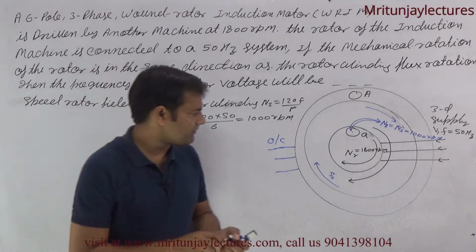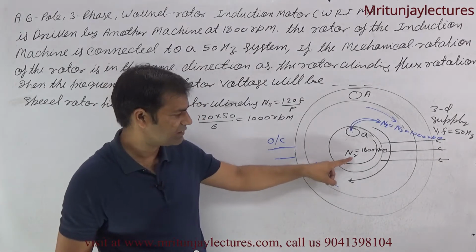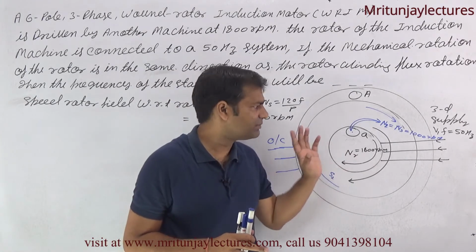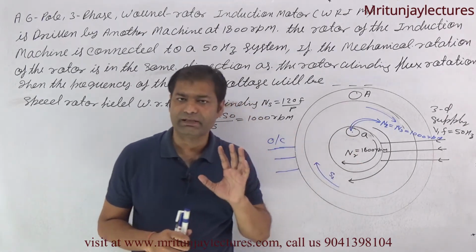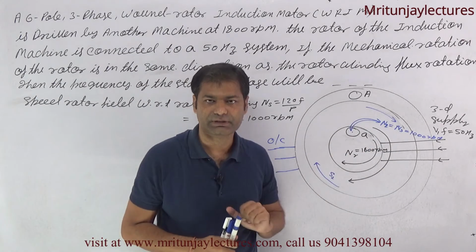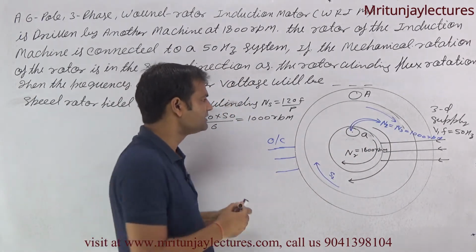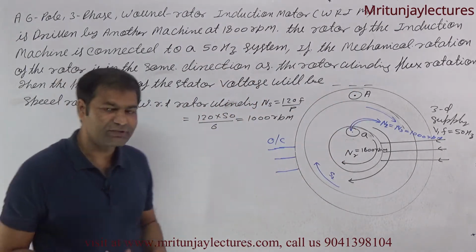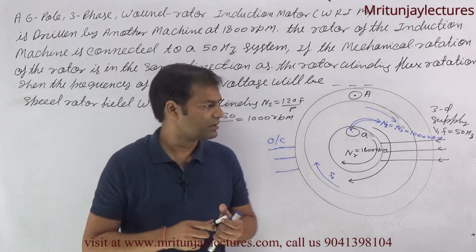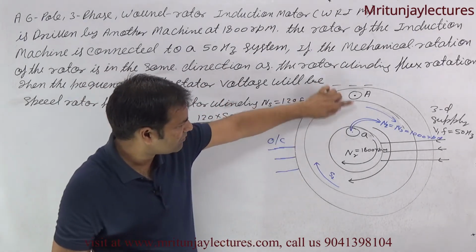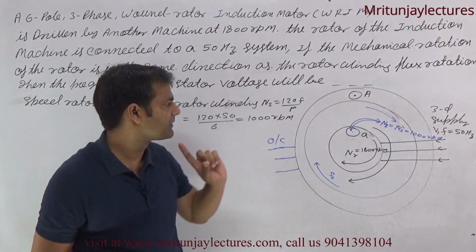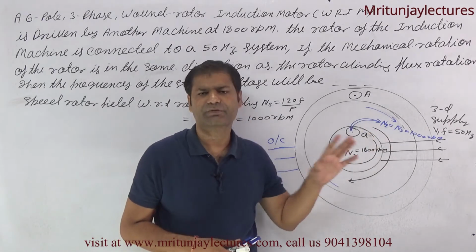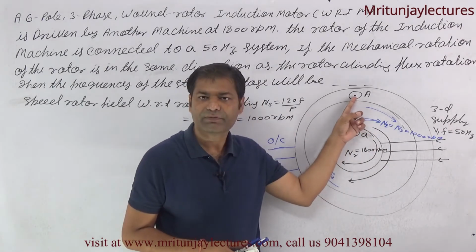So clear, this one is rotating corresponding to the rotor winding at Nr, that is 1800 rpm, and the rotor magnetic field with respect to the rotor winding is 1000, clear? Now if you sit on this stator winding, relative motion between them, okay, now you can say that first of all induced EMF is generated here.